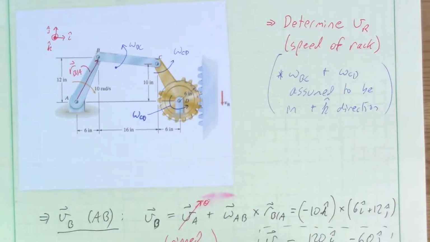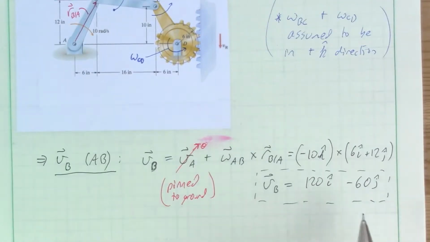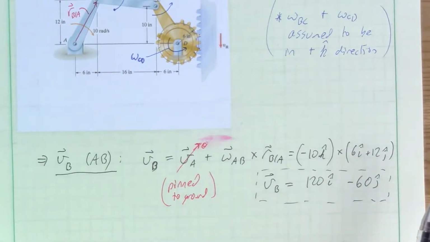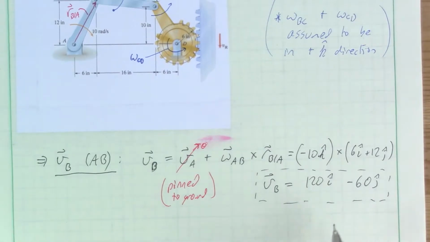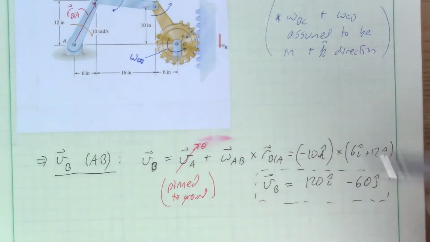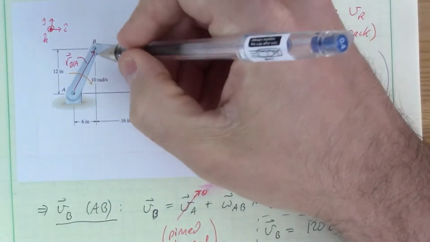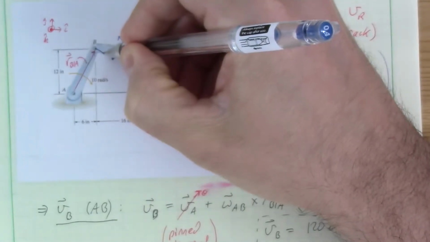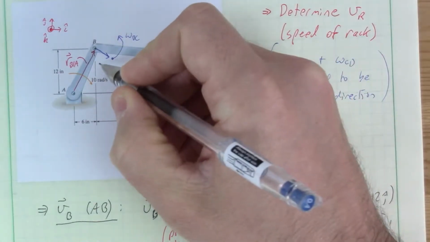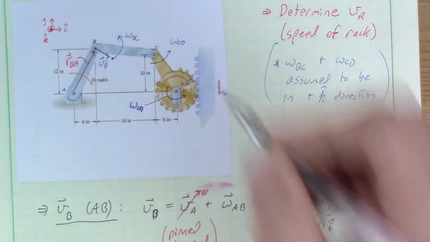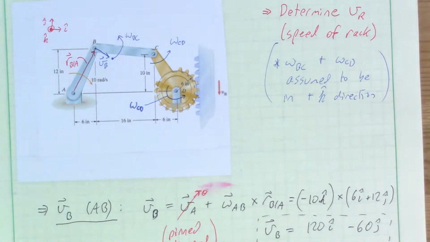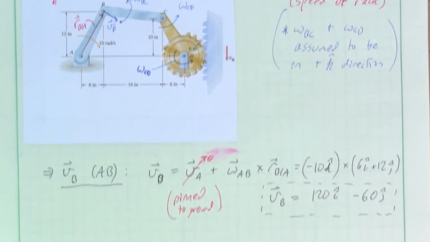If this is 120 in the i hat direction, and 60 in the j hat direction but negative, that means we'll be going down and to the right, but more to the right than we are going down. So the velocity of this point is going to look something like that. That's VB, absolute velocity with respect to ground.